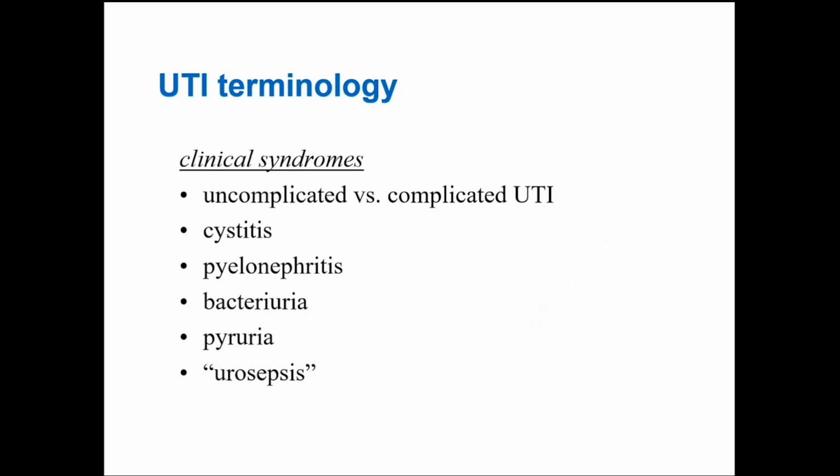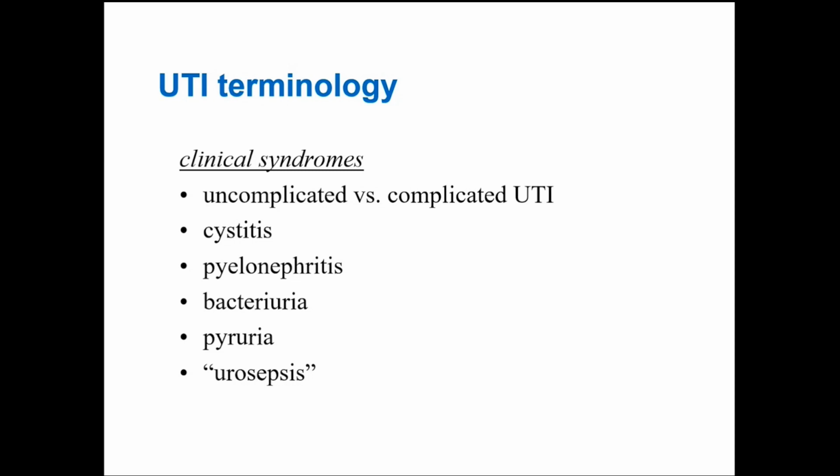First, a review of urinary tract terminology. Of course, this is an infection type that has given rise to many terms that are frequently used in the clinic, and I'd like to cover some of those here. Foremost among these, uncomplicated versus complicated UTI, which sounds like an unusual designation, but when people are talking about uncomplicated urinary tract infections, they're generally referring to a urinary tract infection in a reproductive age woman, which is a fairly stereotypical and commonly encountered type of UTI.